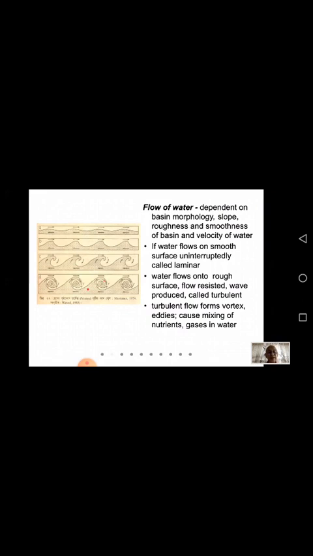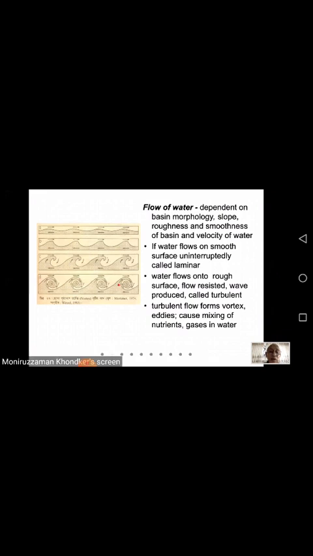This is a very interesting phenomenon, particularly in lakes, for the dissolution of biogenic gas. And for biogenic gas, we all know that it is carbon dioxide and dissolved oxygen. These two gases are highly important for all sorts of organisms.